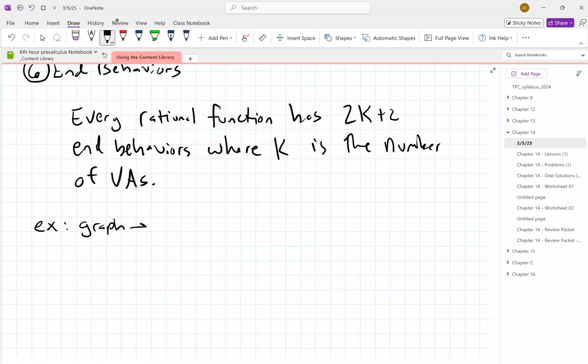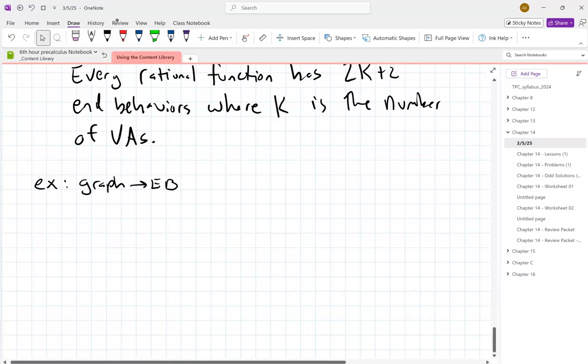I'm going to start with a graph to end behaviors example, and then we'll do an equation to end behaviors example after that. Sound okay to you guys?